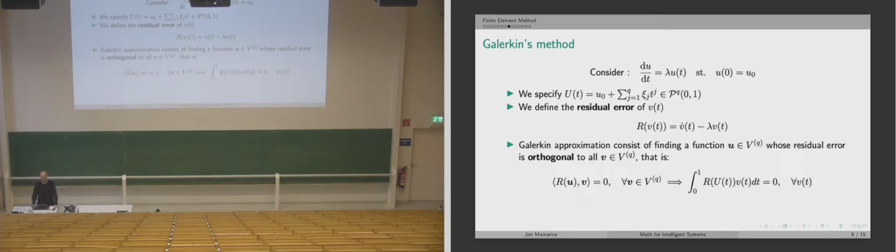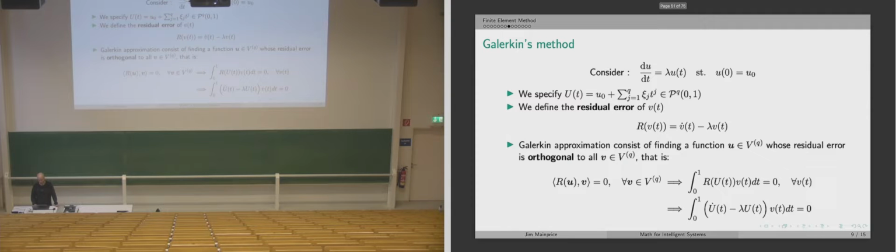So that's just saying we want the residual error to be orthogonal to all the possible function values that can be taken that solve the differential equation. All the possible v.